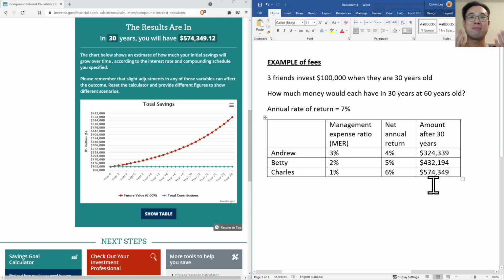That's why it's very important to look at your fees, and it makes a huge difference to your investment portfolio over the long run. You have to be very vigilant about picking a fund that has a low fee. This is very important, as you can see with this example. You could have $250,000 more just by picking a low fee fund.